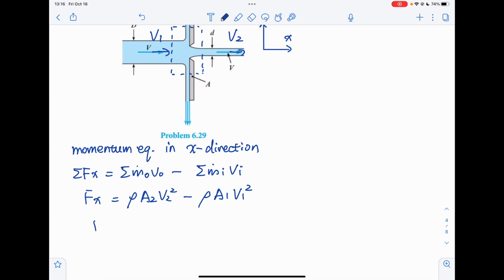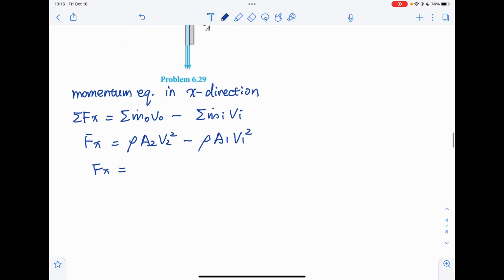Because v1 equals v2, Fx equals rho v squared times A2 minus A1.